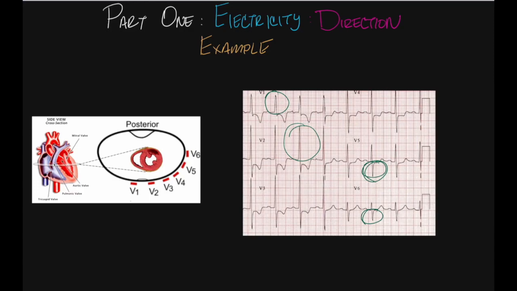Well, this dominant R wave in V1, V2 suggests that the electrical vector of the heart, instead of moving to the left, is shifted towards the right. And since V5 and V6 are the opposite view, their R wave is decreased and it's shifted over into the S wave. So that implies for some reason the electrical activity of the heart is shifted towards the right ventricle.